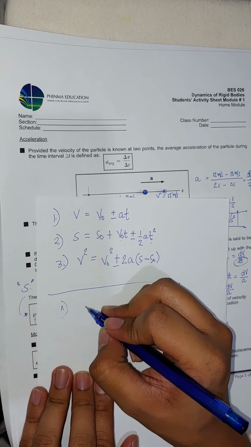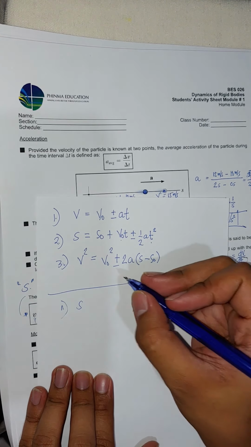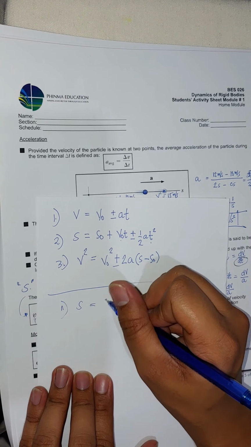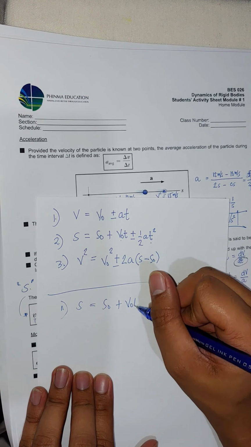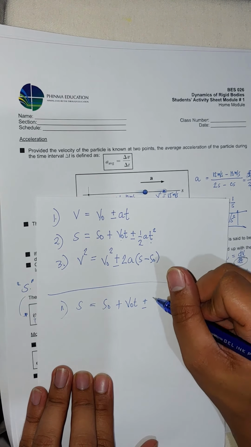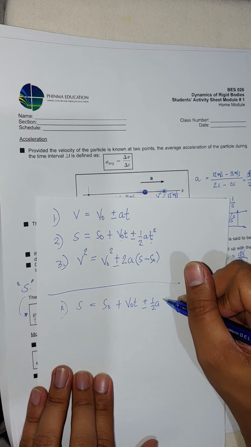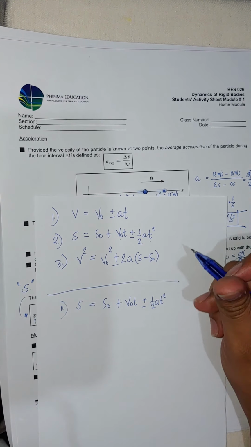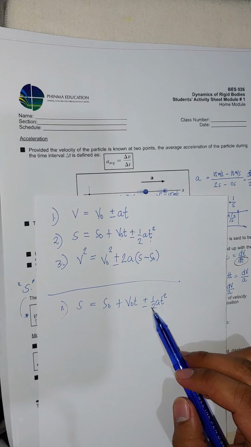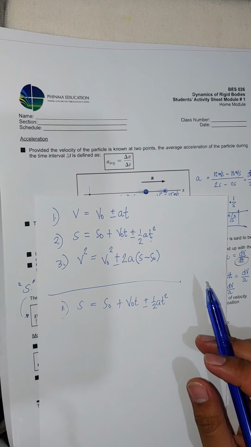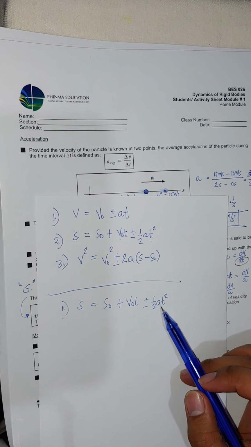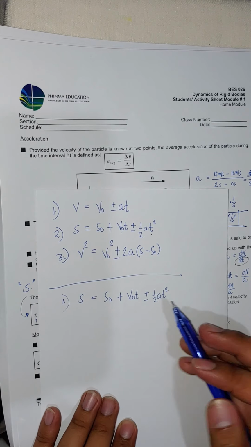S, our final position, is equal to the initial position plus the initial velocity times time plus or minus 1/2 acceleration times t squared. So, sir, why the plus or minus? It is because acceleration may be positive or negative. If the velocity is speeding up, then it is a positive acceleration. If the velocity is decreasing, then it is a negative acceleration.